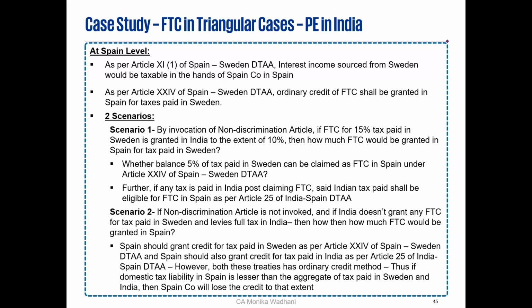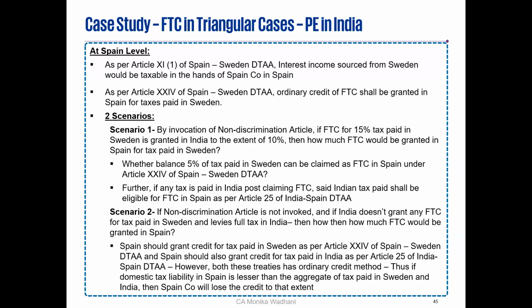First scenario is that India has granted the FTC by virtue of invocation of the non-discrimination article, and the second is that India has not granted any FTC. That is how Spain will have to see how much credit it has to give.